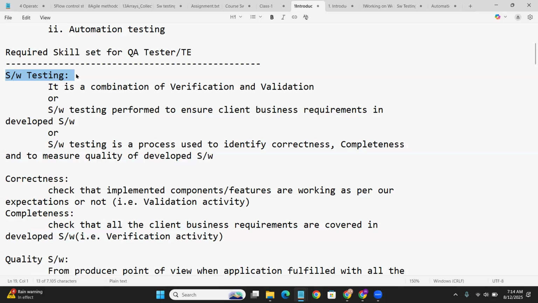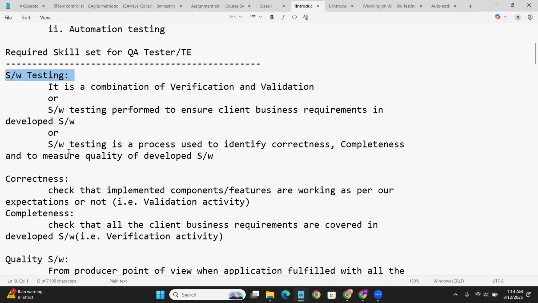Software testing is performed to ensure that the client's business requirements are fulfilled in the developed software.